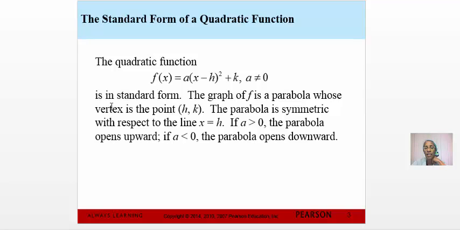The parabola is symmetric with respect to the line x equals h, and if a is greater than 0, that is to say a is positive, the parabola opens upward. If a is less than 0, that is negative, the parabola opens downward.